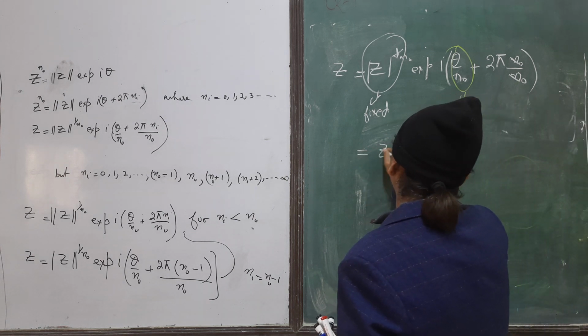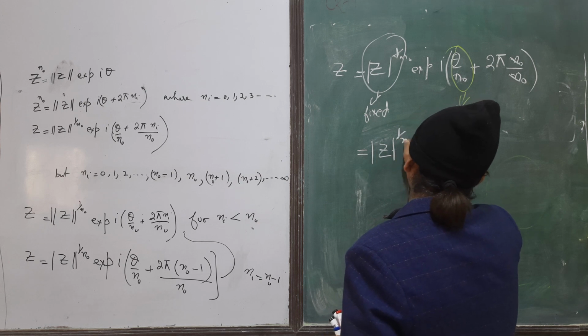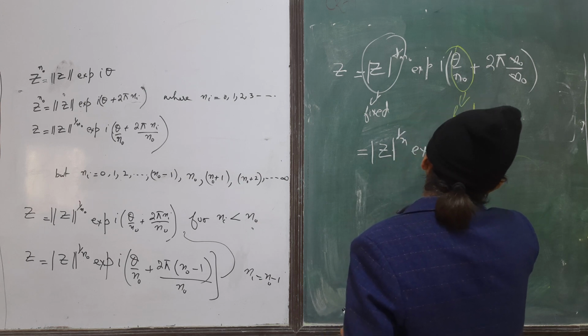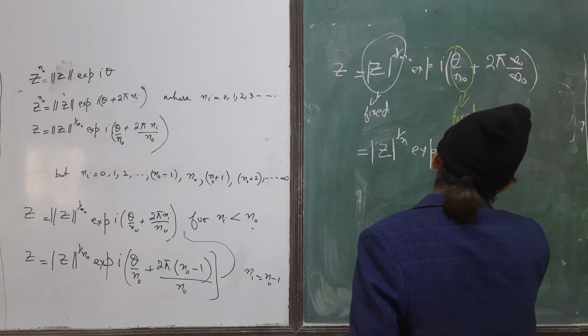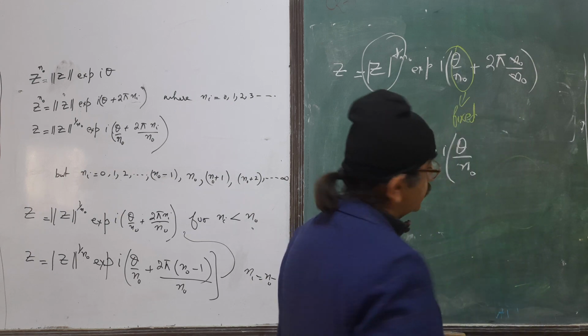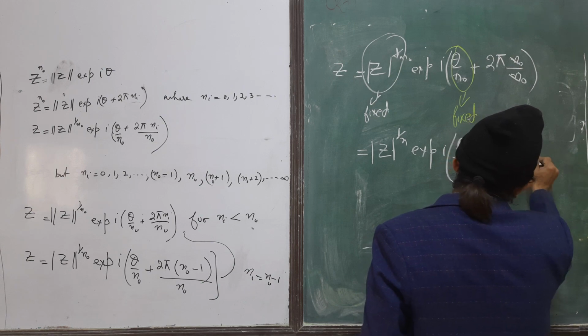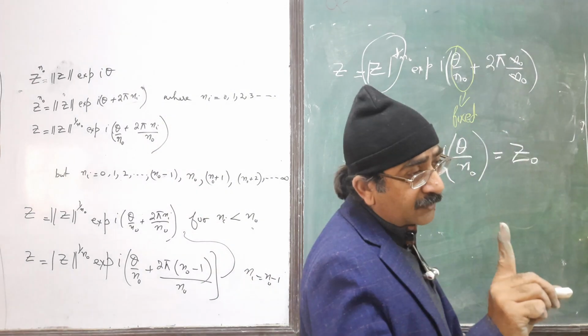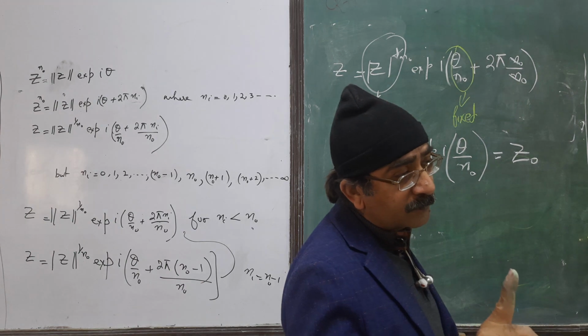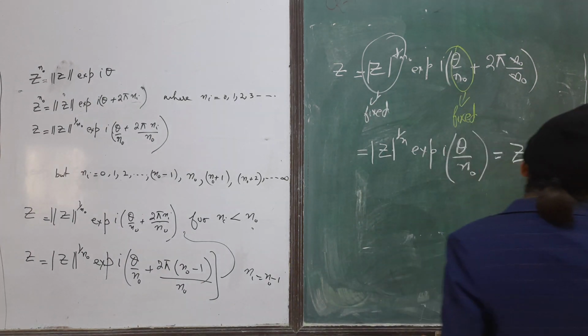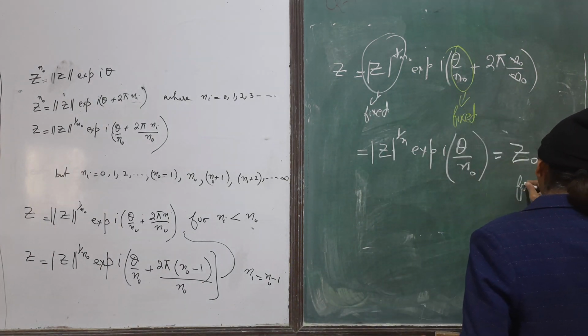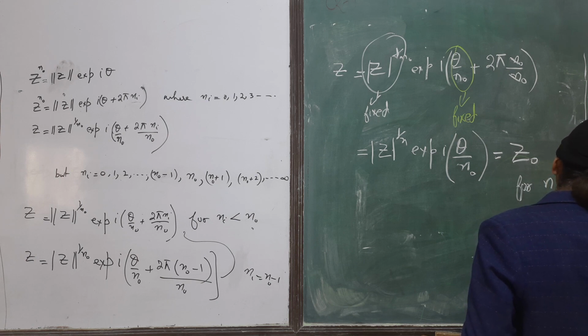So this Z1 by n exponential will be iota theta by n naught, and this will be equal to Z naught. This will be equal to Z naught. Okay, and this was for n equal to n naught.